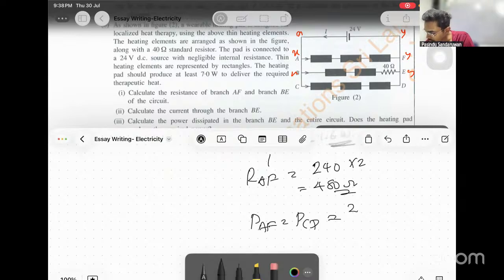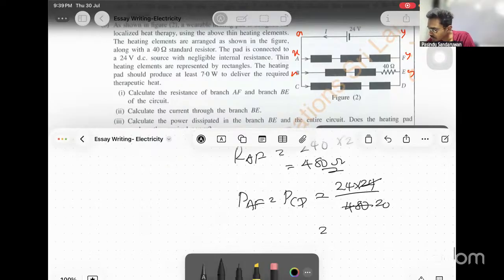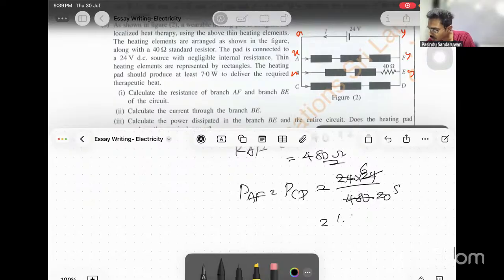V squared over R, then 24 times 24 over 480. Then it becomes 1.2 watts.